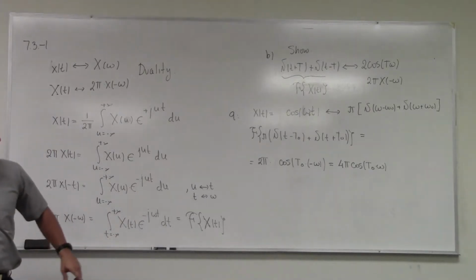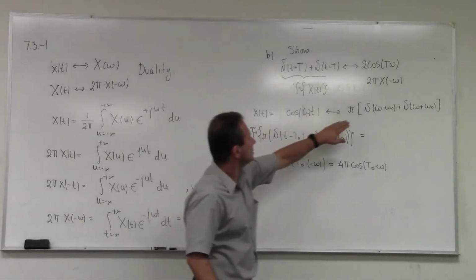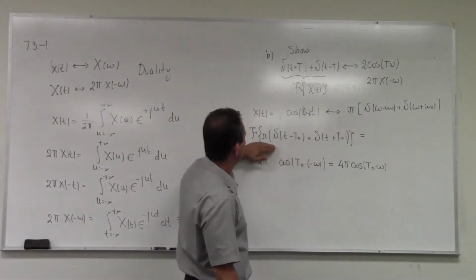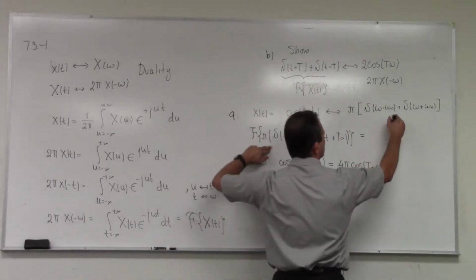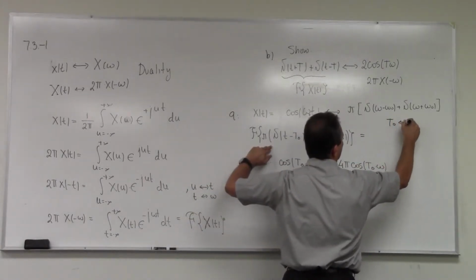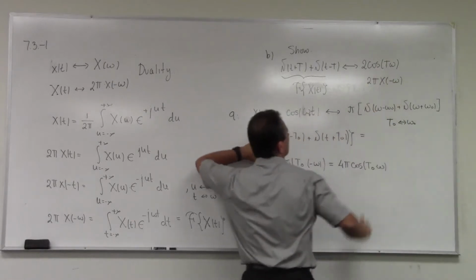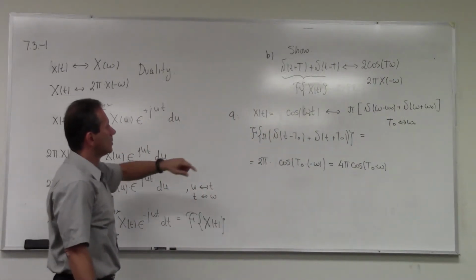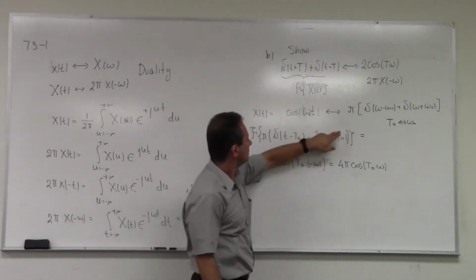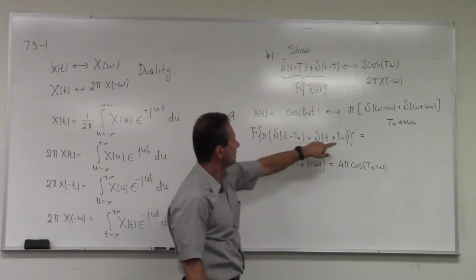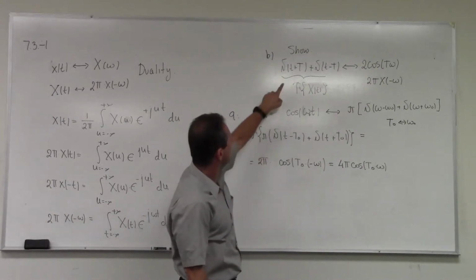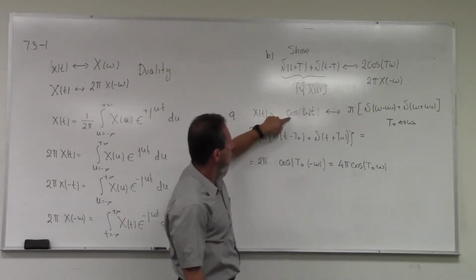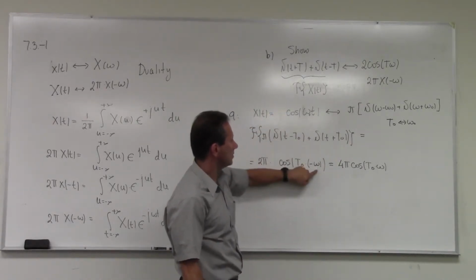So the cosine omega 0 t has this as a Fourier transform. Therefore, I'm here just making a substitution t0 for omega 0 to be the same as upstairs. So now if I put t here instead of the argument, then this has 2 pi times this guy, where instead of t I have minus omega.